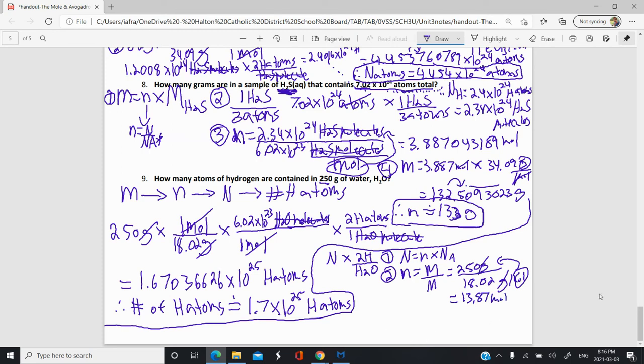Then I would do my step 3, which is to find my number of particles. I would go back to my formula there. Number of moles, 13.87. I kept all of them in my calculator, though. Times Avogadro's number, which is 6.02 times 10 to the power 23 H2O molecules per mole. Cross out mole, cross out mole.